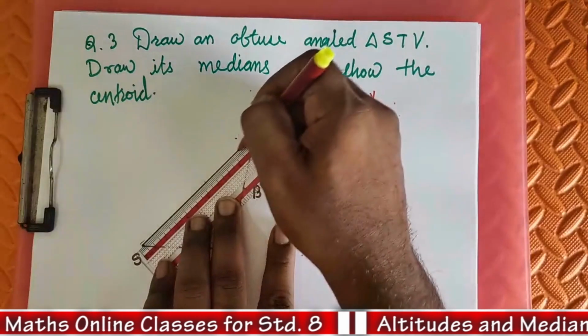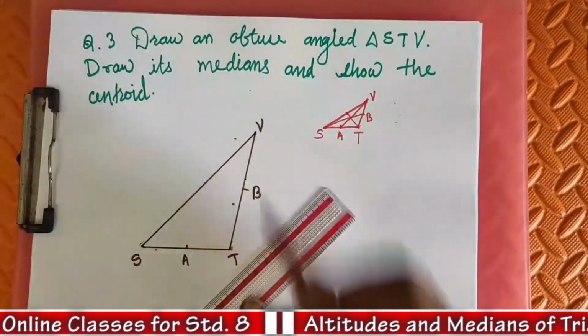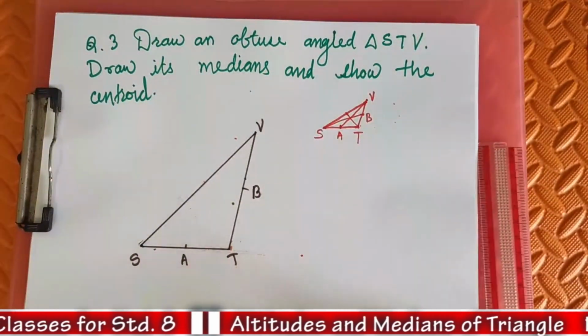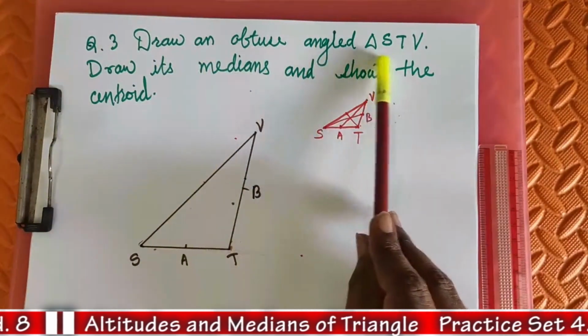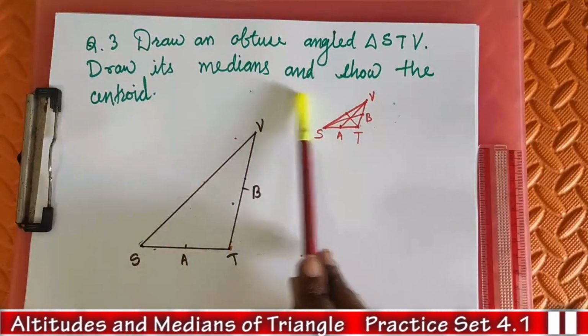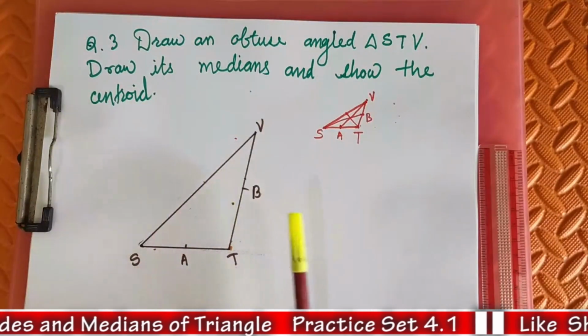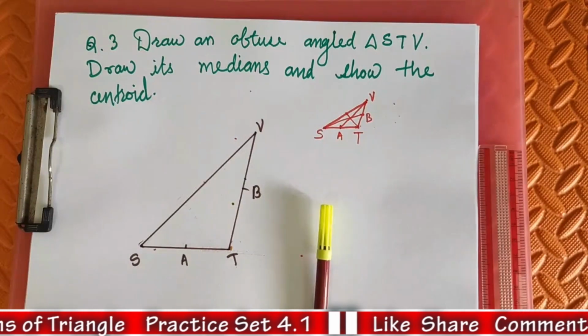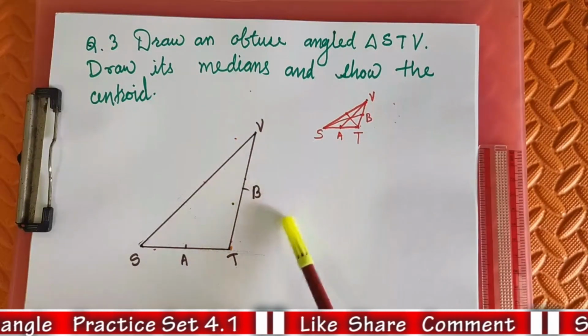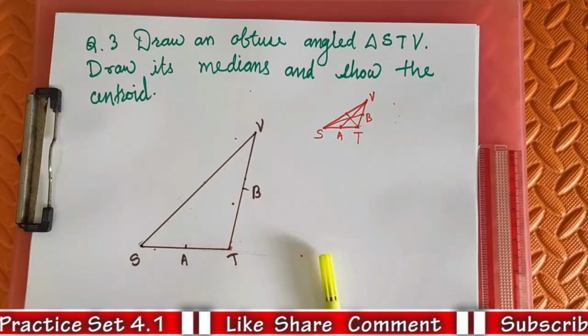Join these points, point S and V. What is the important thing? The question is: draw an obtuse angle triangle STV, draw its medians and show the centroid. There is no measurement given. We are taking it by ourselves for our convenience.